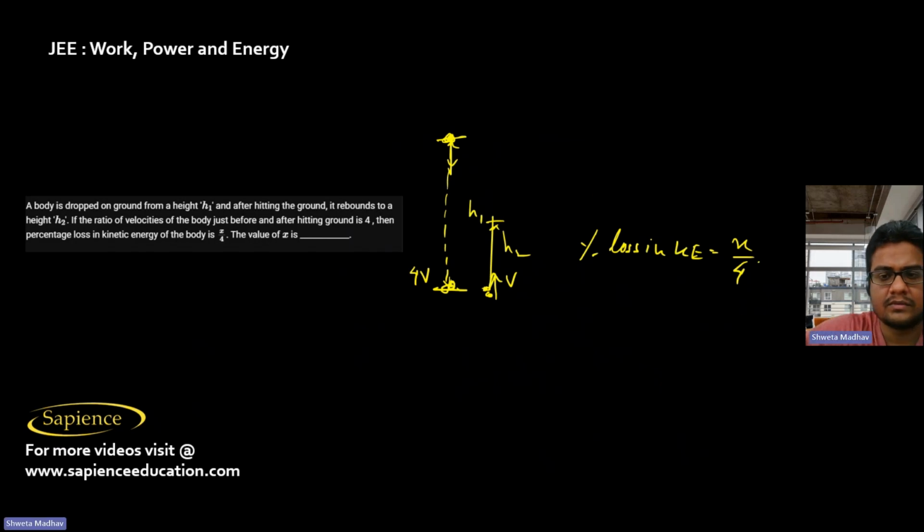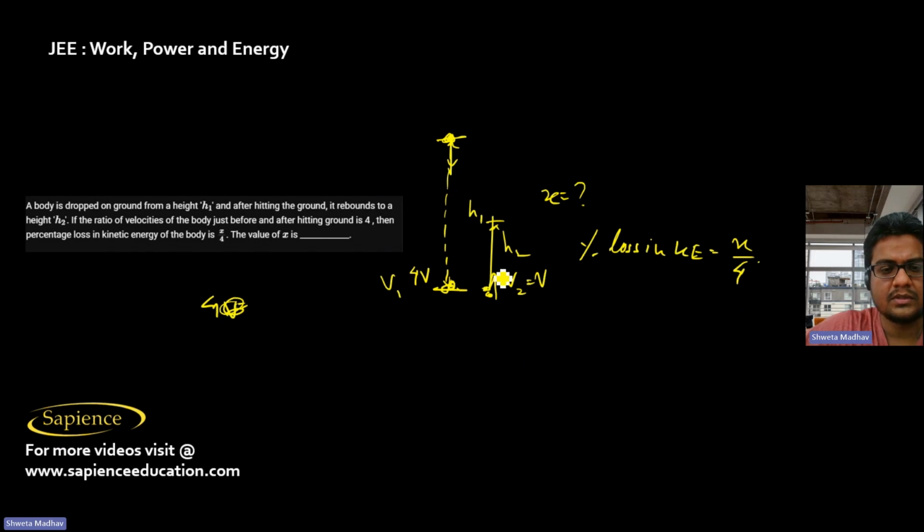Then the value of x we have to find out. Let's say with v1 it will hit, and v2 is the velocity with which it will be after hitting the ground.